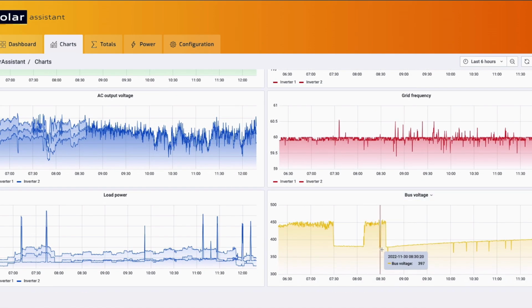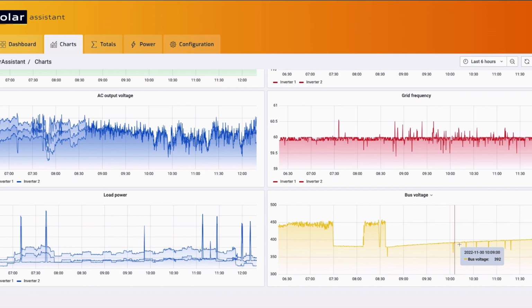So let's come down here and look at the bus voltage, and the bus voltage drops every time that it switches over to battery. So is it something relating to the bus voltage that's causing the switch, or is the bus voltage change just a result of the switch? I'm not sure.